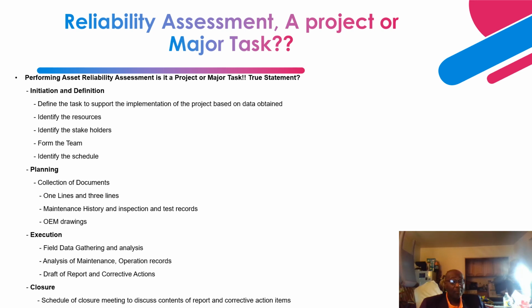Next is the drafting of the report piece. After you identify all the gaps, you need to come up with corrective actions for the gaps that you have identified. And coming up with the corrective actions requires a discussion with all stakeholders, especially the facility.